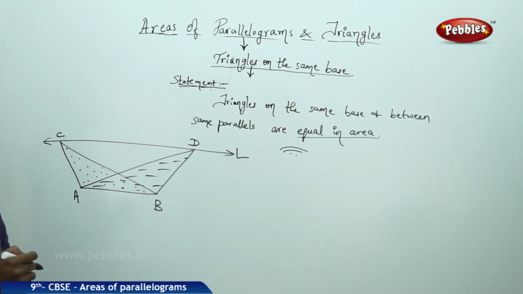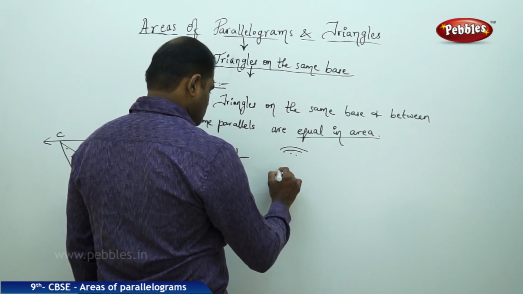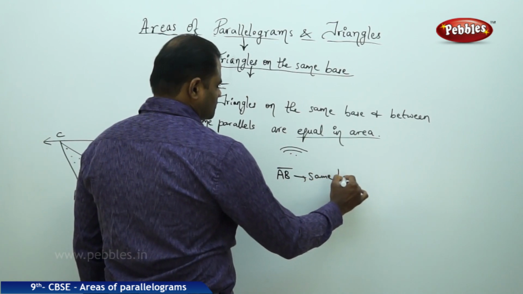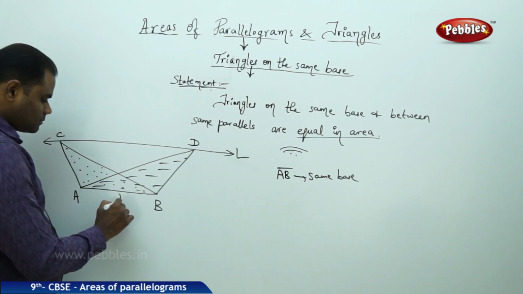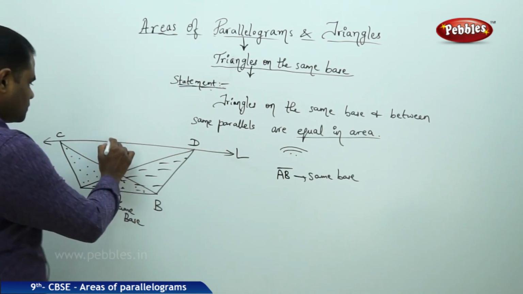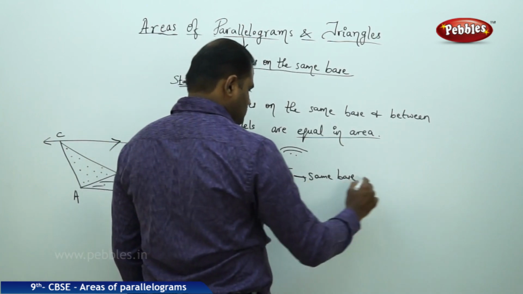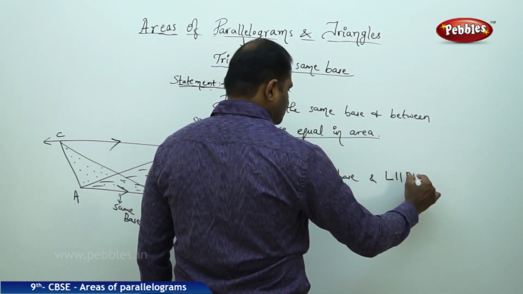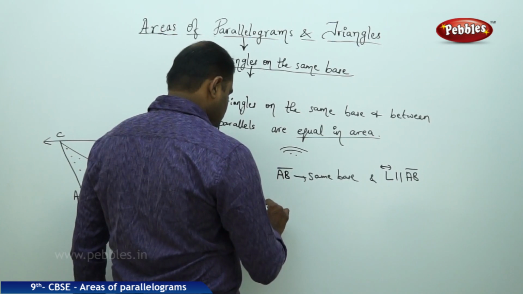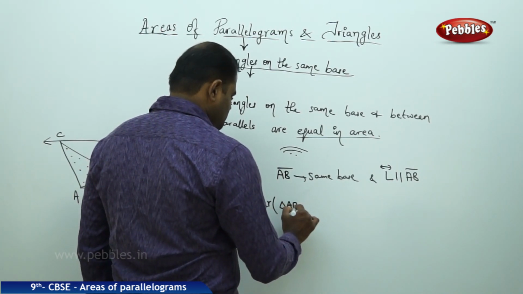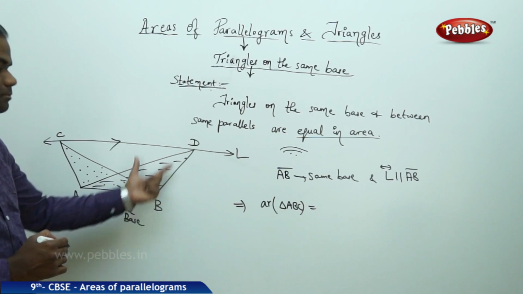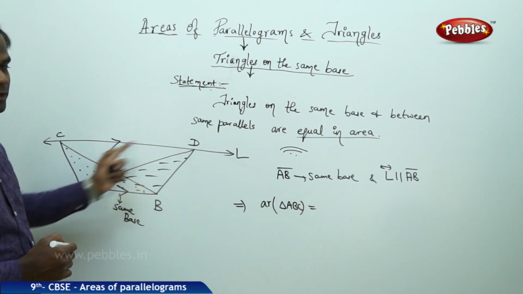That is, AB being the same base, and L is parallel to AB, if the two lines are parallel, then the area of triangle ABC must be equal to the area of triangle ABD. The area of the first triangle must be equal to the area of the second triangle.